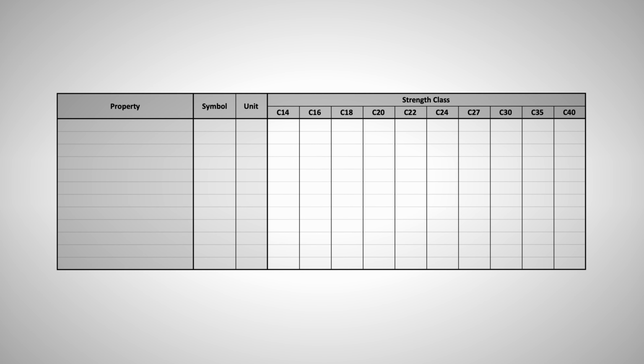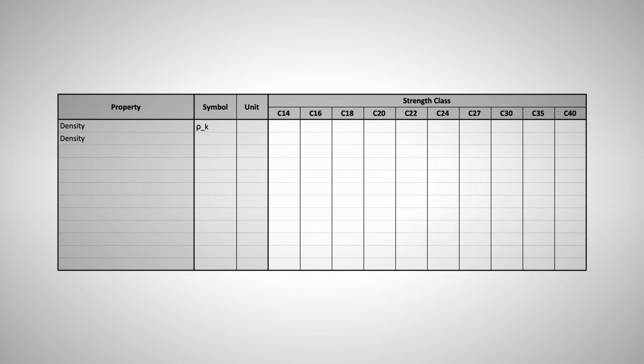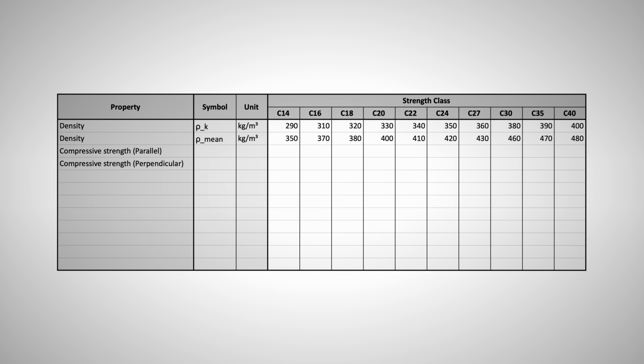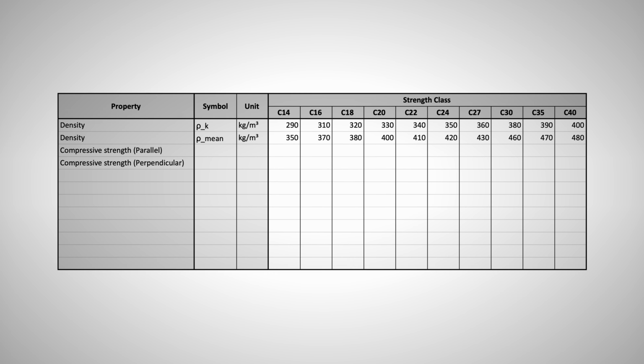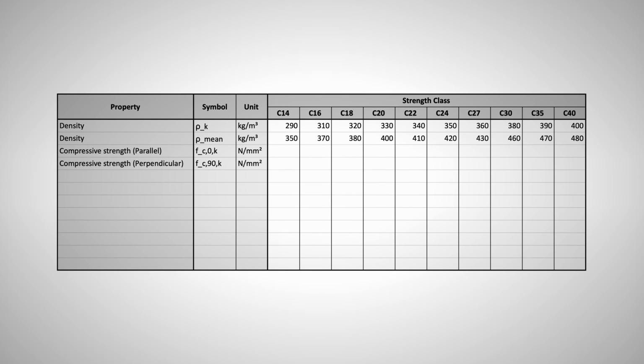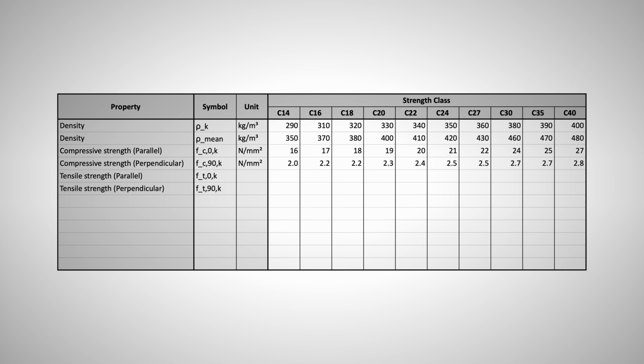Each strength class defines several key properties that determine the performance of timber in structural applications. These include density, which is given as both characteristic and mean values in kilograms per cubic meter. Compressive strength is specified for both directions, parallel and perpendicular to the grain, just like tensile strength, which also accounts for both orientations.